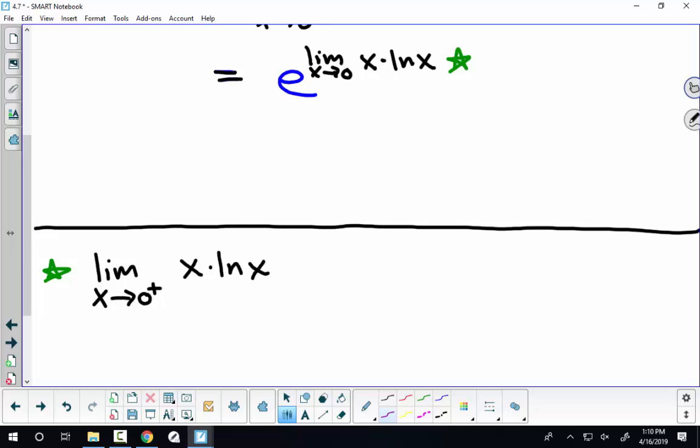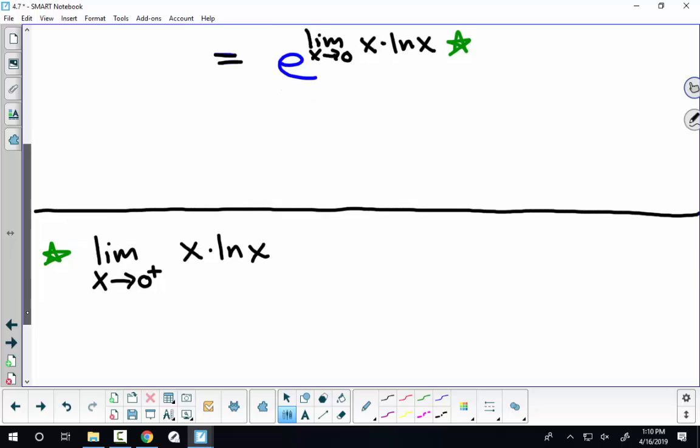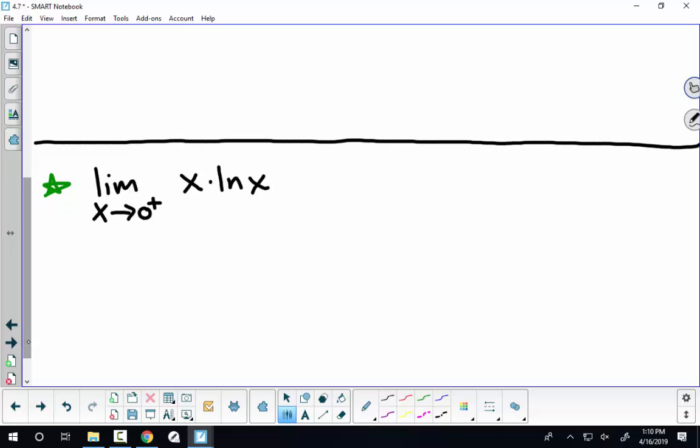You might remember we did compute that limit already, but it's a reminder of the process. It's like we're starting over with this new limit. We're going to evaluate it, and whatever result we get, we'll take e to that power, and that's going to be our answer.